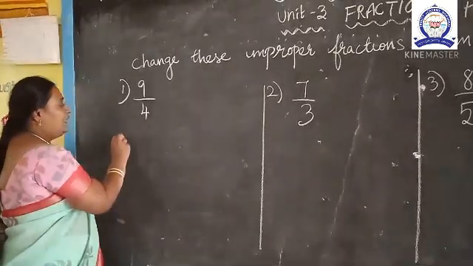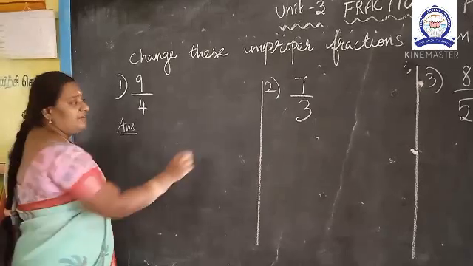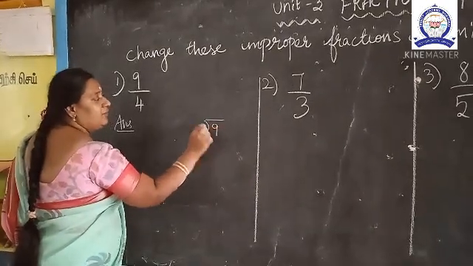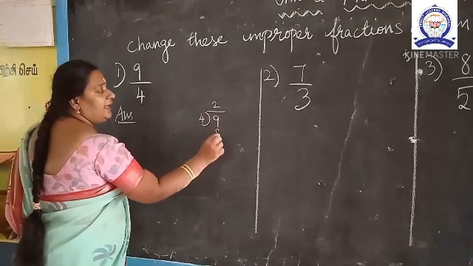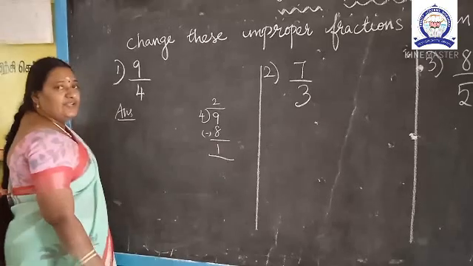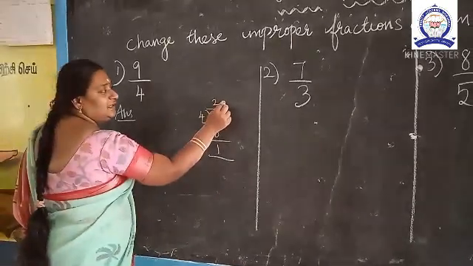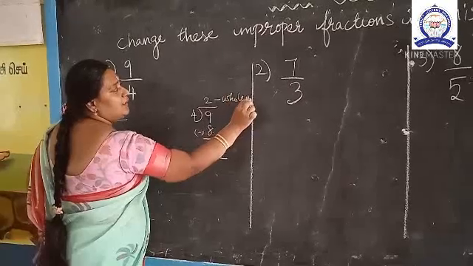So listen, answer. So the given fraction is 9 by 4. You divide. 4 2s are 8. So 9 minus 8 is 1. So after division, the quotient is your whole number part. This is whole number.